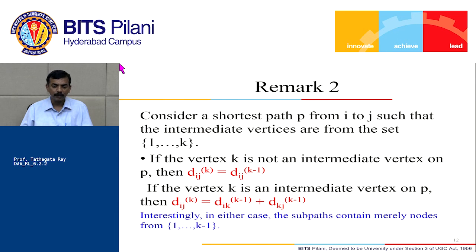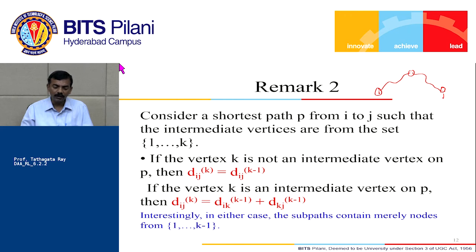Consider a shortest path from i to j such that the intermediate vertices are from the set 1 to k. So I am going from vertex i to j, passing through some vertices, such that all the intermediate vertices are from the set 1 to k.